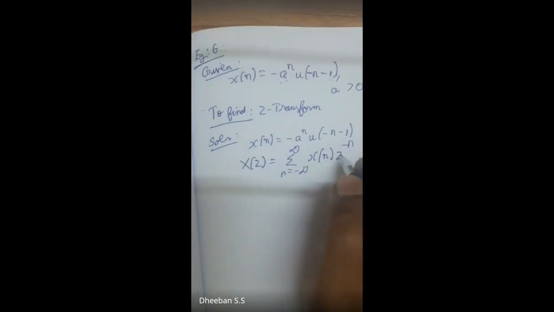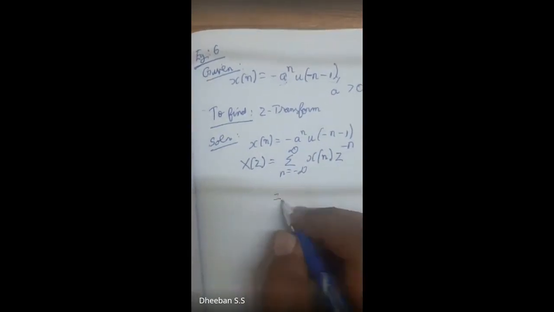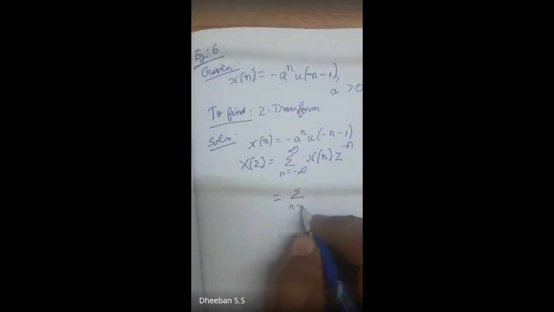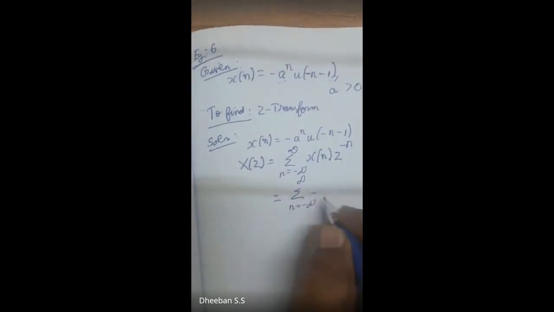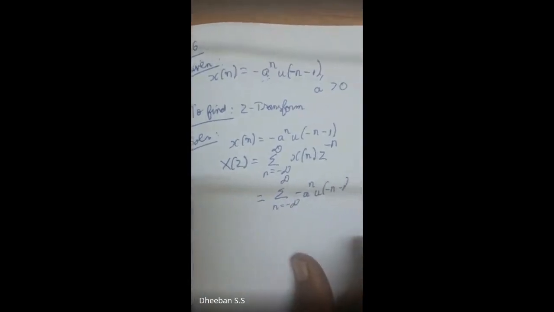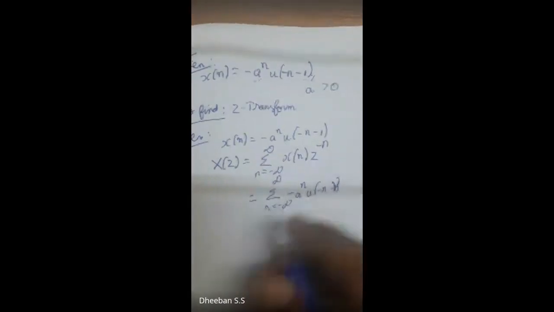Now put the signal over here, so we get summation n equal to minus infinity to infinity of minus a power n u of minus n minus 1, times z power minus n.